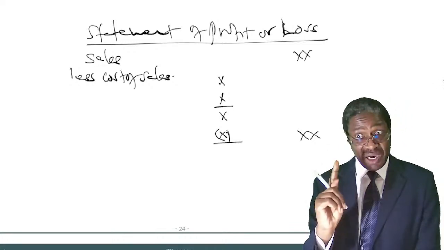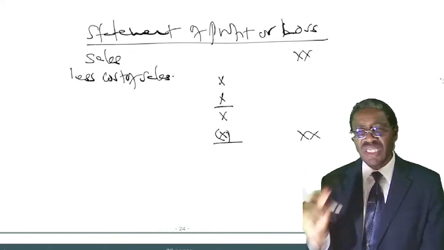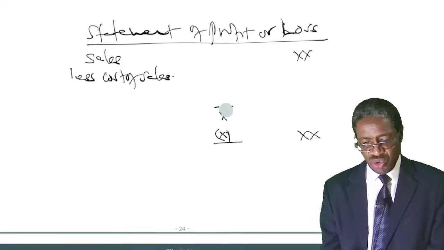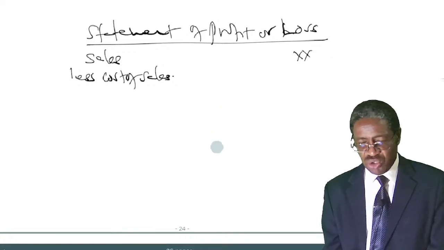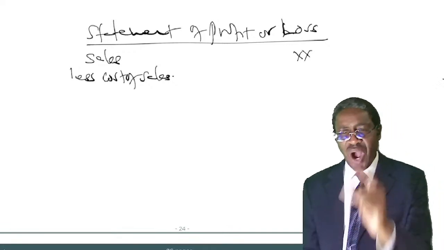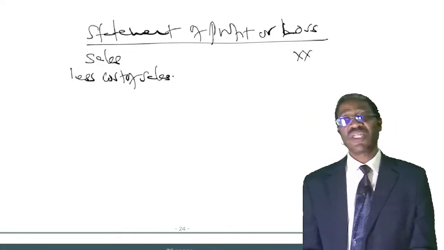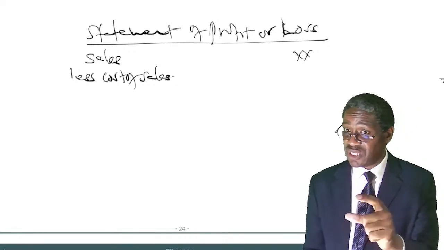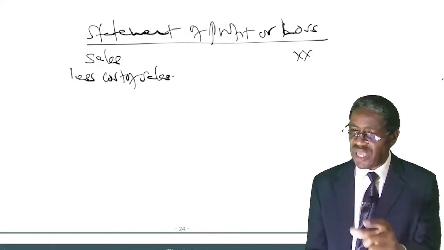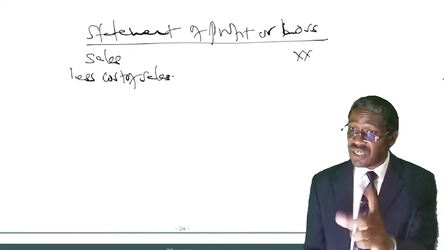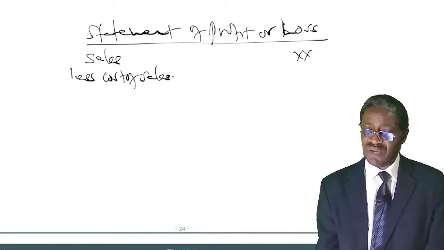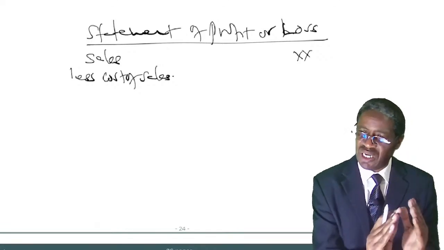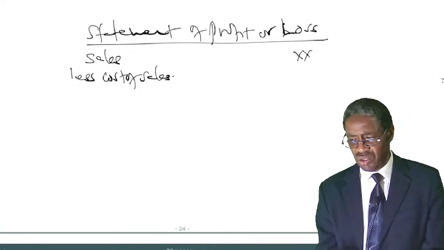But when you are required to do this income statement for publication purposes, the rule is this: you do not show the workings of the cost of sales on the face of the income statement. Instead, do that calculation somewhere, then bring it as a single amount.